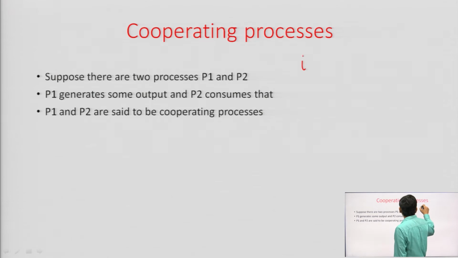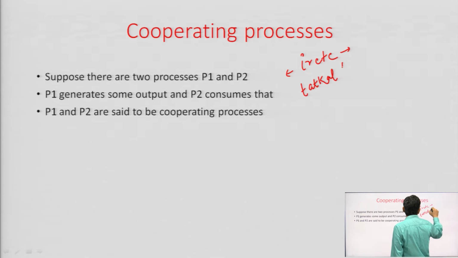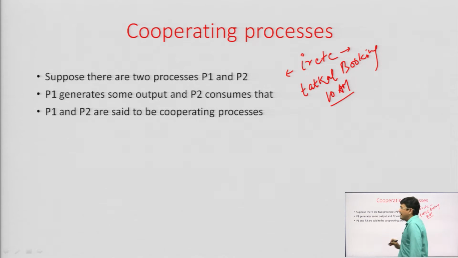Let us say IRCTC opens its vacant seats for Tatkal booking at 10 a.m. Then there are several people who are trying to book the ticket. There are thousands of people, let us say 1000 people are trying to book the ticket, and the number of seats which are available is 50.